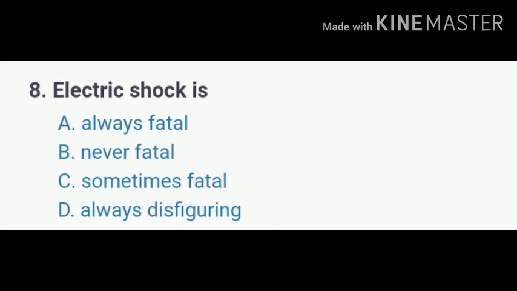So an electric shock is fatal when we give sufficient voltage and current flowing through the circuit. So we get the options: always fatal, never fatal, sometimes fatal, and always distinguished. So here the right answer is sometimes fatal, when we get sufficient voltage or sufficient current flowing through the circuit. So option C, sometimes fatal, is the answer.